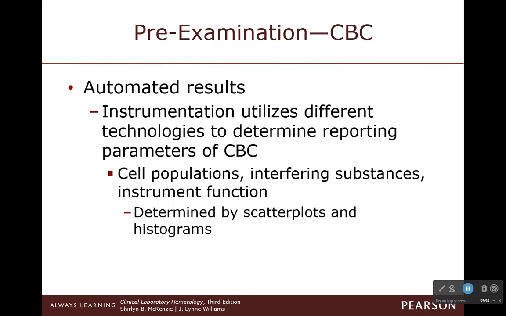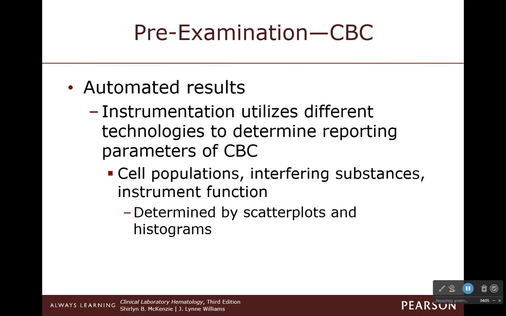So these would be immature, like blasts or myelocytes or metamyelocytes or lymphoblasts or something like that. You would always want this one to be very small. If you saw this huge area here, then you know you're probably dealing with some type of leukemia in the patient. Does that make sense?